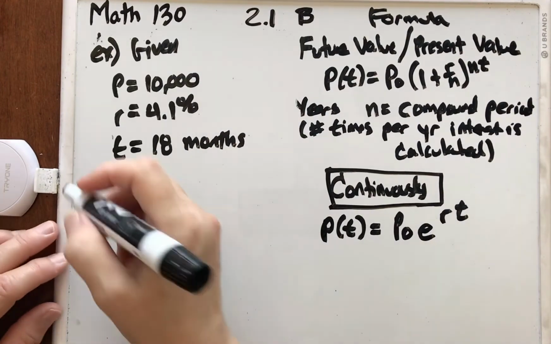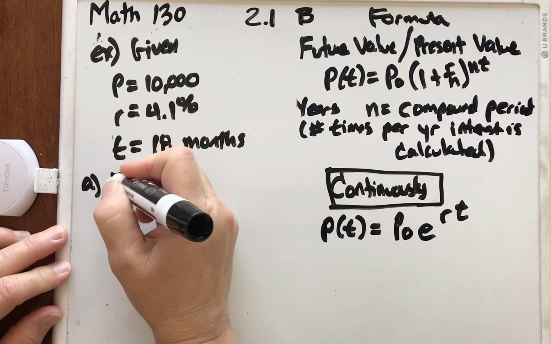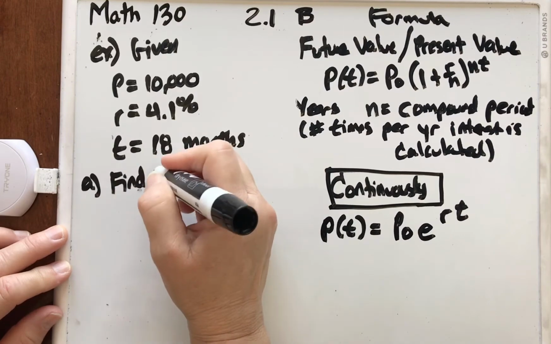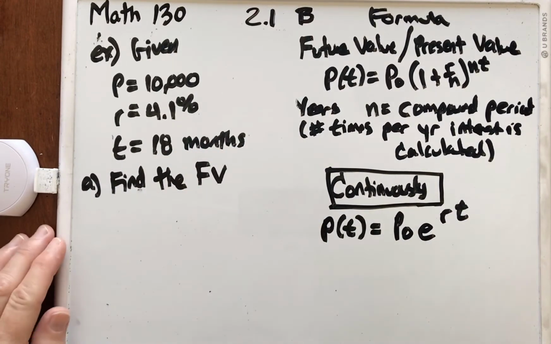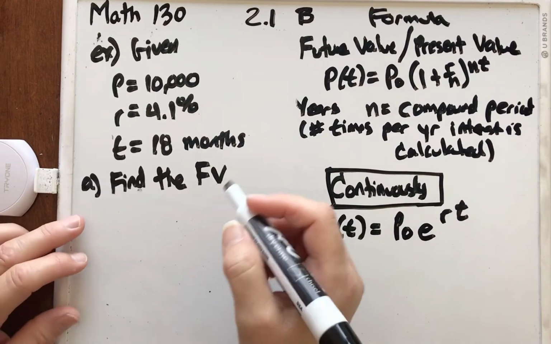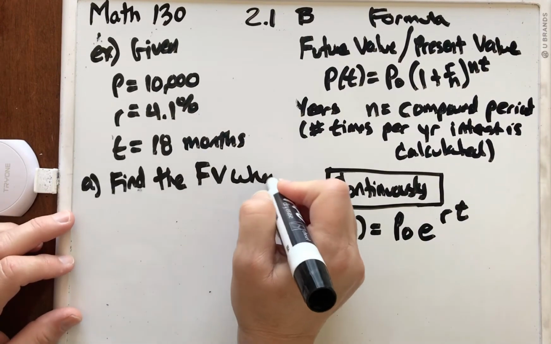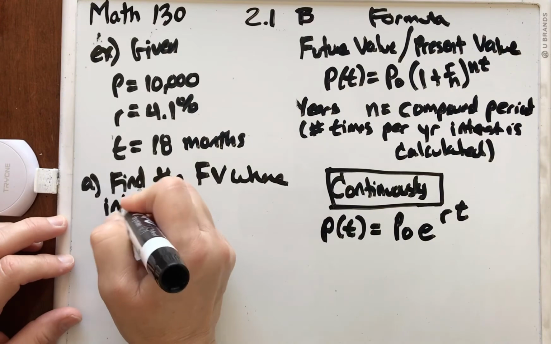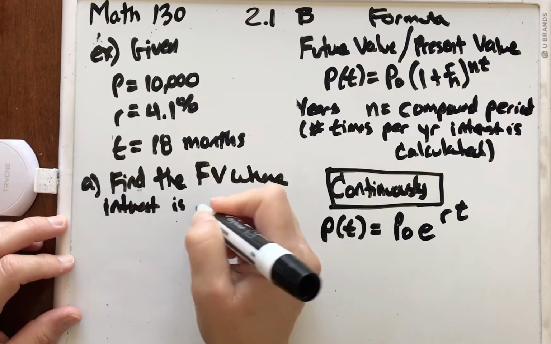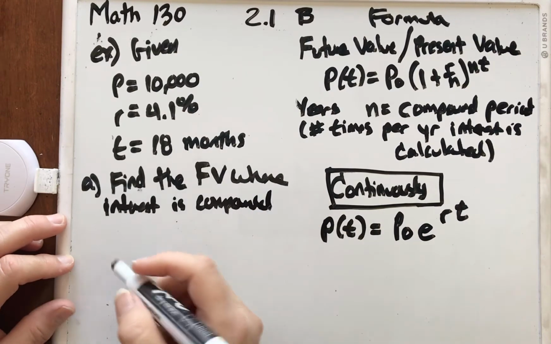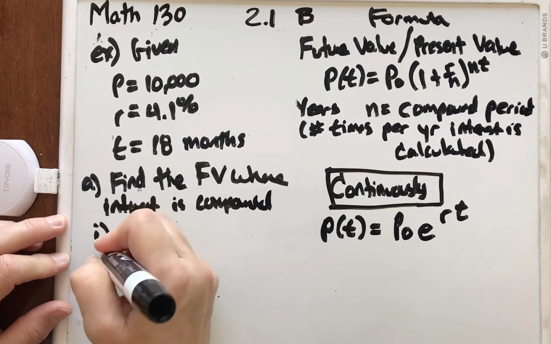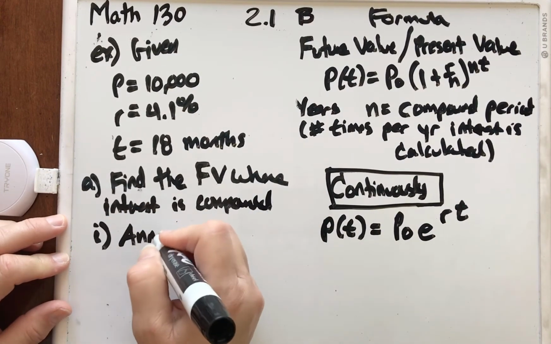Okay, first part of the question, find the future value, which I'm going to call FV. Find the future value where interest is compounded, all right, I'm going to call this little dot annually.